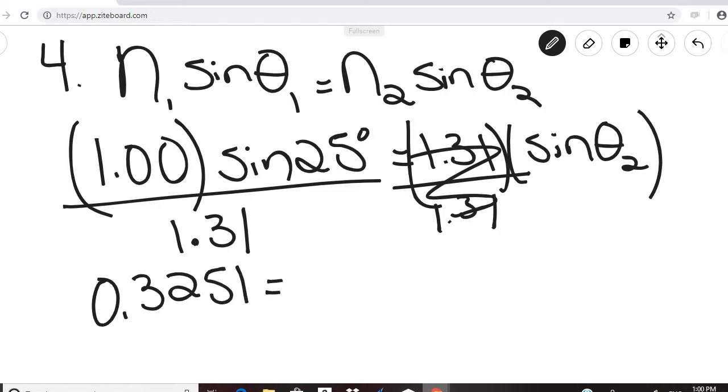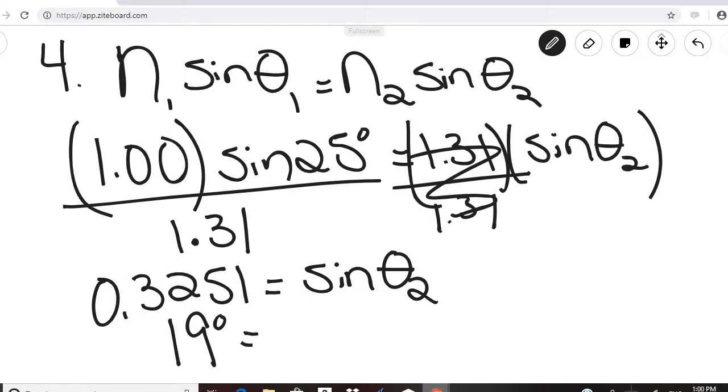So that is equal to the sine of the angle of refraction. Then if we take the inverse sine, that comes out to 19. With two significant figures, the angle of refraction will equal 19 degrees.